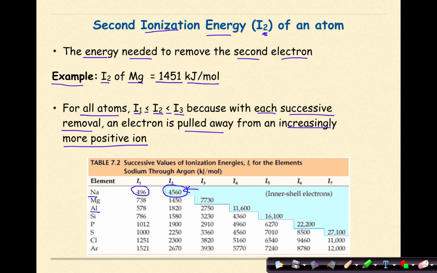We know that aluminum has 3 valence electrons. So the first ionization energy is 578. The second is 1,820, so a little bit higher. The third one is 2,750. But the fourth one, again, once you get into those core electrons, the amount of energy needed to remove a core electron is much higher than one of the valence electrons.